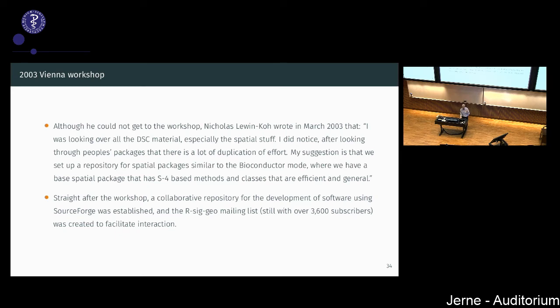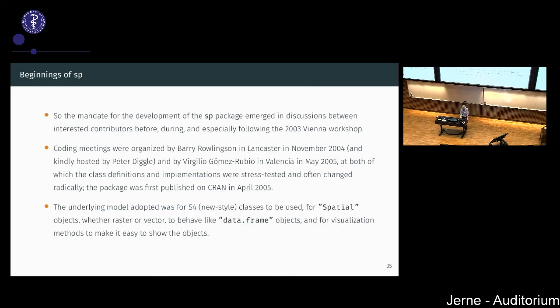We set up a SourceForge repo, the R-sig-geo mailing list, and that was where we went. And surprisingly, we thought we got as far as a book in 2008, and we thought, well, probably that's about where it finishes. There are about a dozen packages, maybe 20, that use these classes, and that will be more or less where things stop.